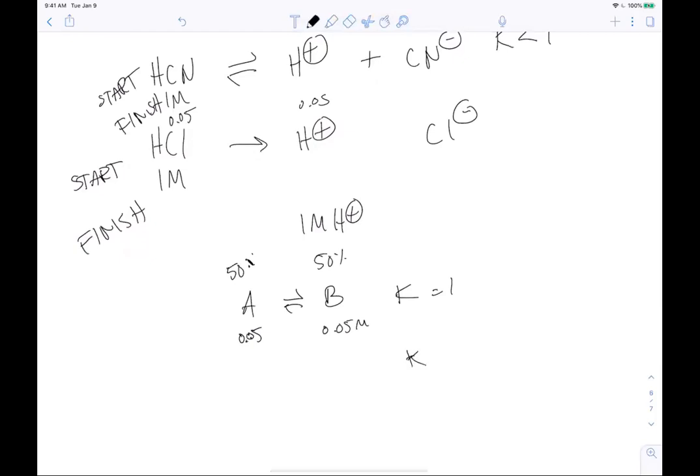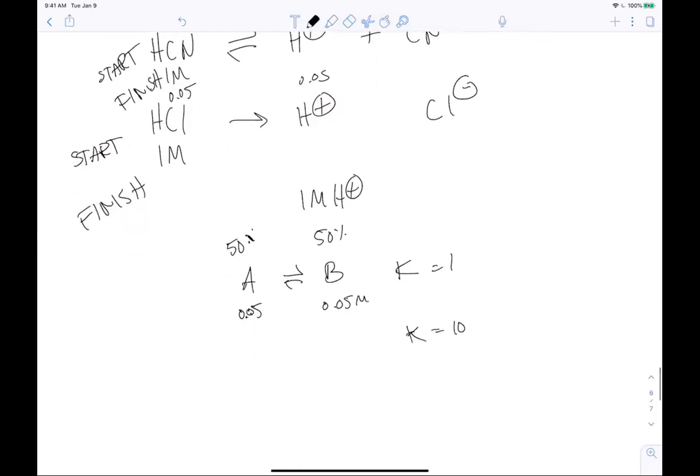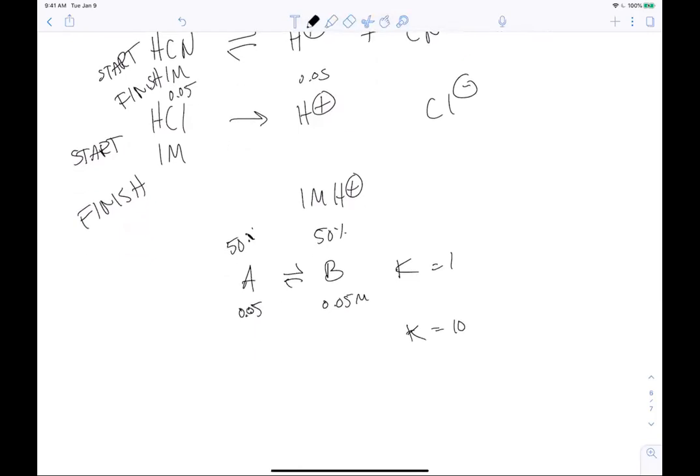As K gets bigger, as K equals 10, for example, now things start to get pretty distorted. I'd have to work through it. I should be able to do that in my head. But I think at K equals 10, now your ratio would be like 1 to 100. So you'd have like 1% A and 90% B at equilibrium.